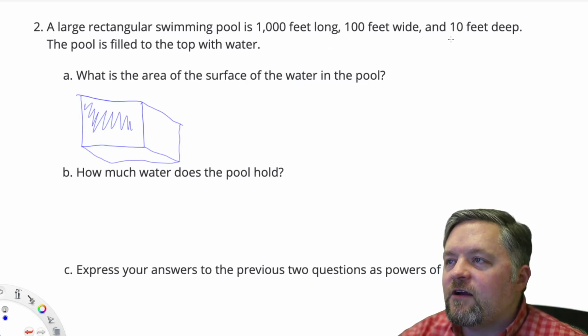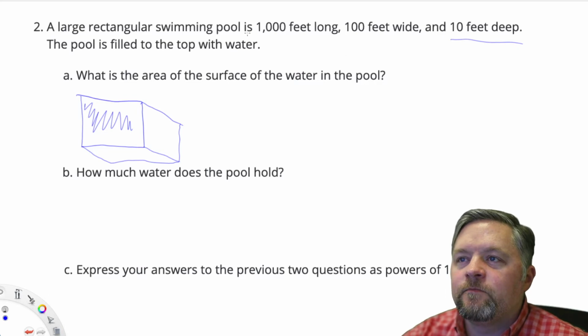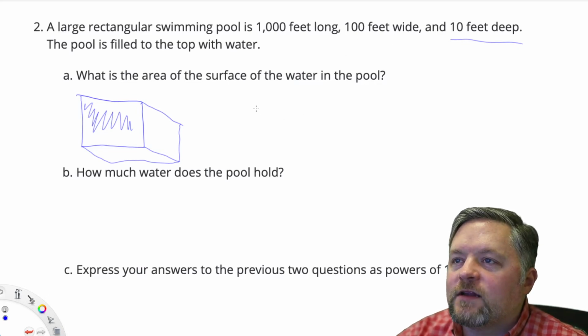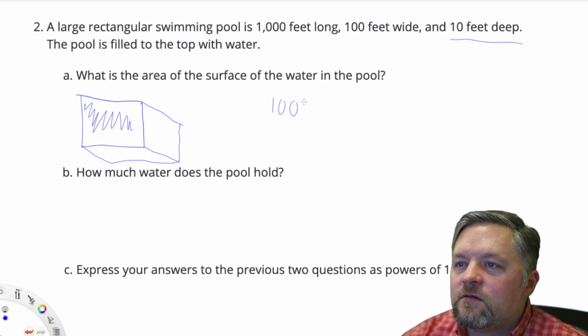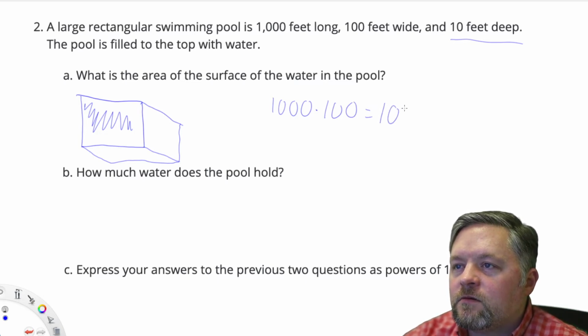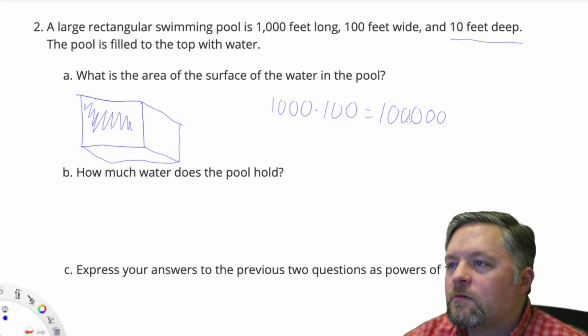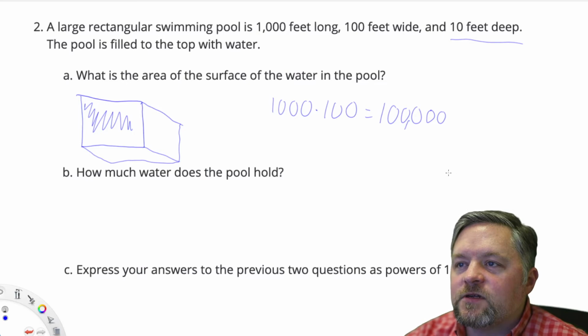So we don't care how deep the pool is. We just care about how long and wide it is. So the surface area is 1,000 times 100, which is 100,000. 1,000 times 100 is 100,000.